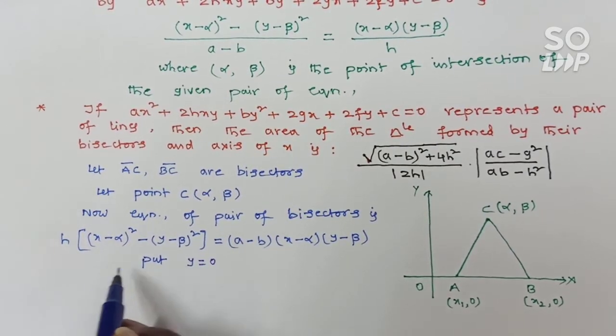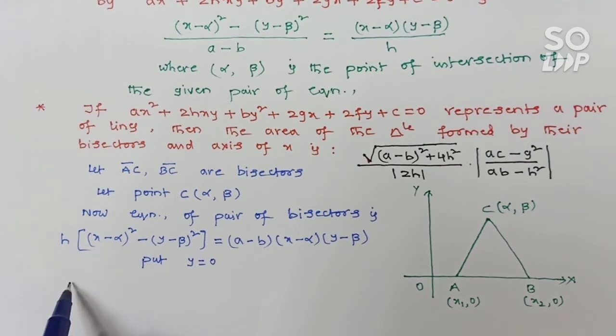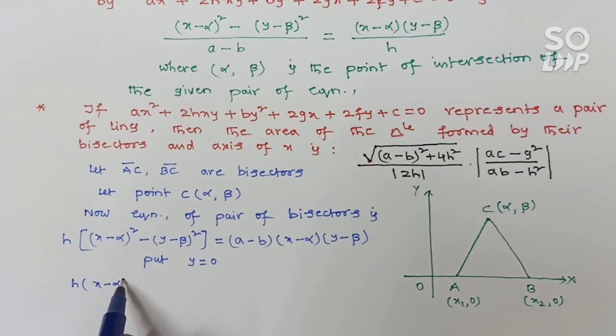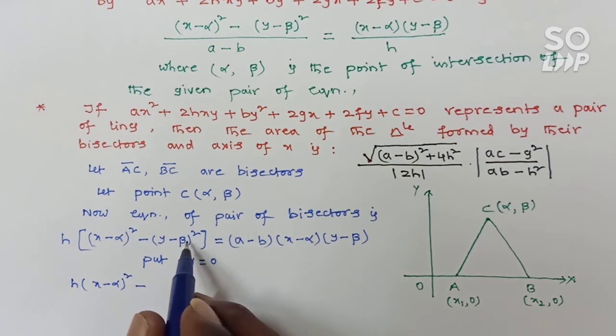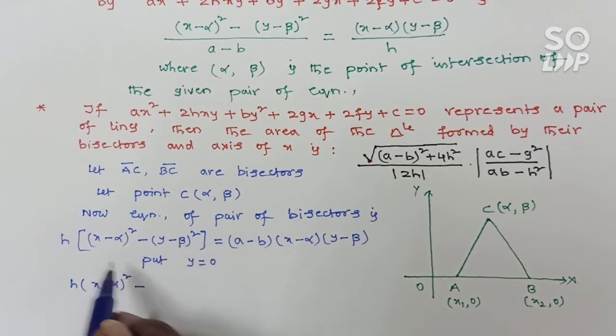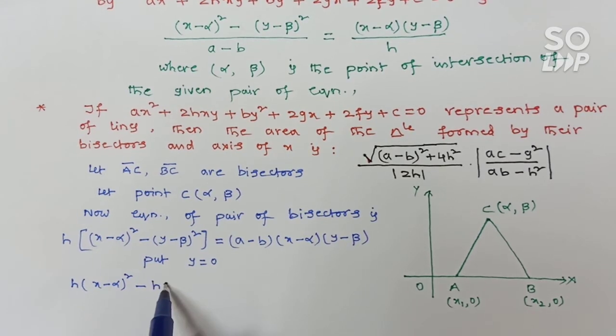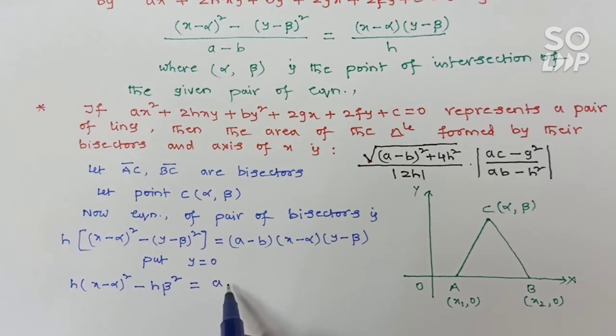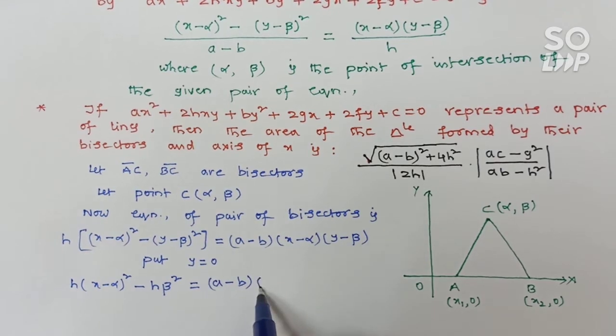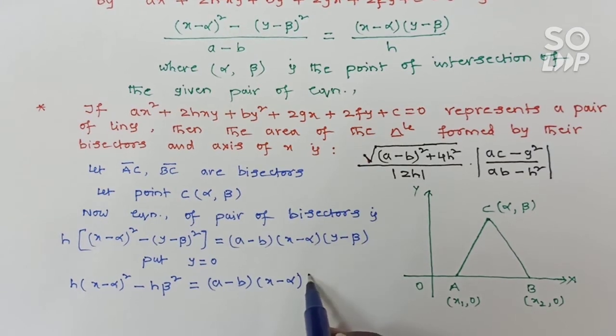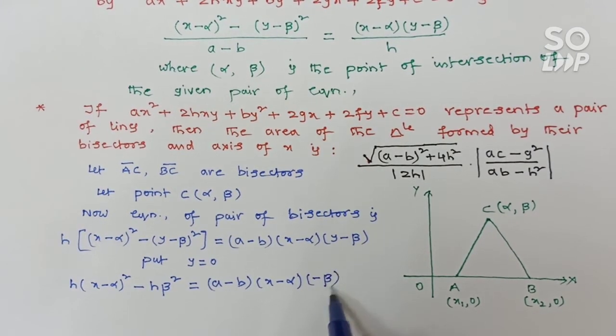If you write that y is equal to 0, this equation becomes h into (x minus alpha) whole square minus, here beta minus beta whole square is beta square, h into beta square is equal to (a minus b) into (x minus alpha) into y value is 0, that is minus beta.